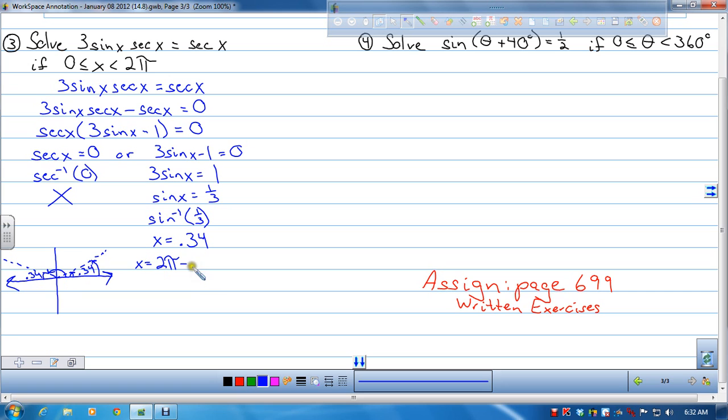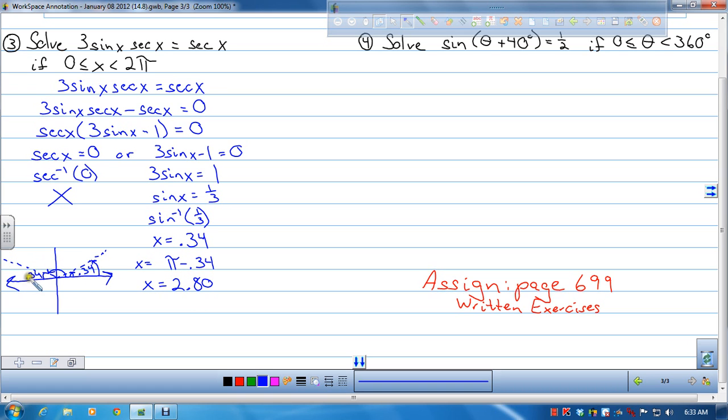I was 0.34 shy. So x could also equal 2.80. Because this would be 2 pi minus 0.34. I'm sorry. Did I put 2 pi there? That's my fault. So erase that if you had 2 pi in there.